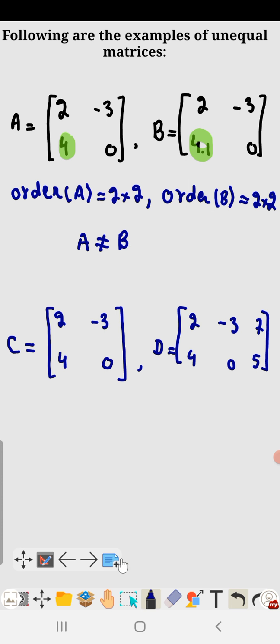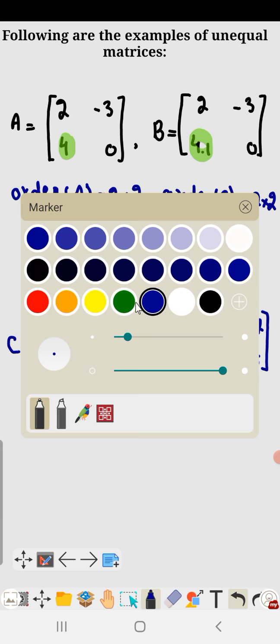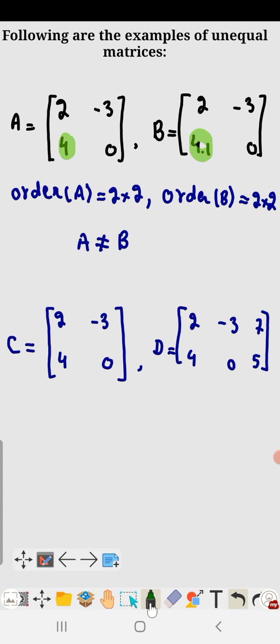Now see matrices C and D. The order of C is 2 by 2, and the order of D is 2 by 3.